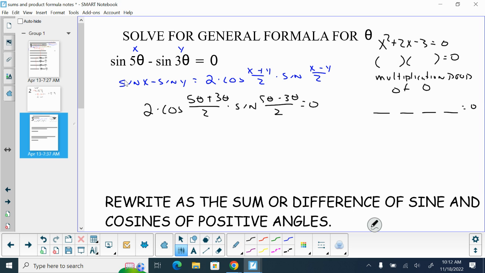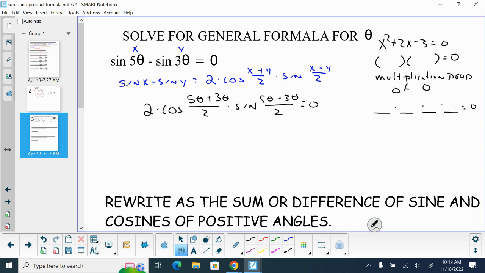Well, what I've done is I don't have an addition property of 0, but I've changed it to multiplication and it's equal to 0. So I'm multiplying these things together to equal 0, so one of those things must equal 0.